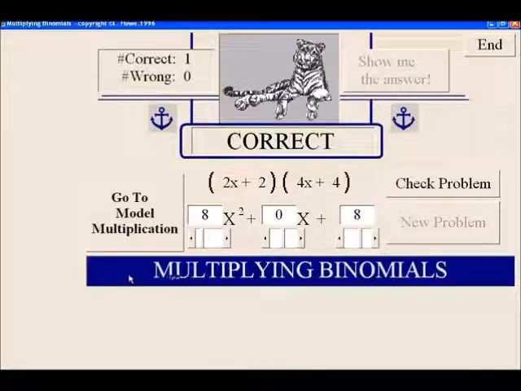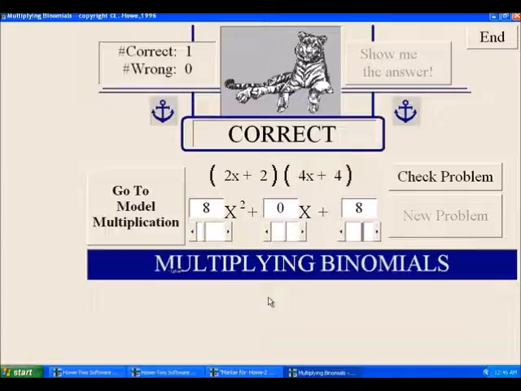Sorry. Thanks. So let's look at this second problem, multiplying binomial times binomial. We multiplied the first term times the first term and got 8. We multiplied the last term times the last term and got 8. Well, I should have said 8x squared for the first term.